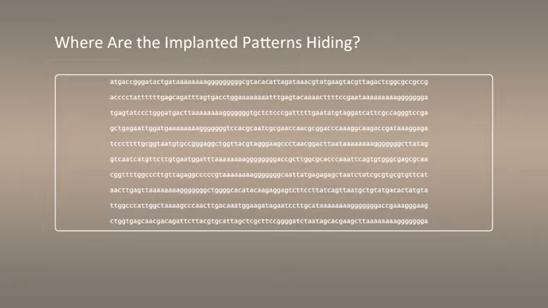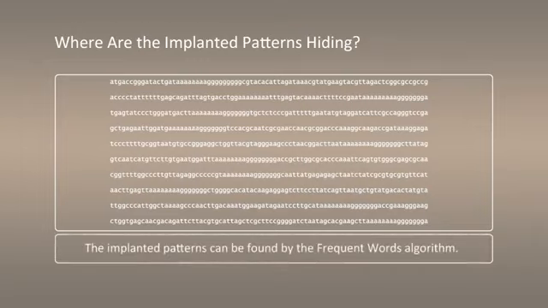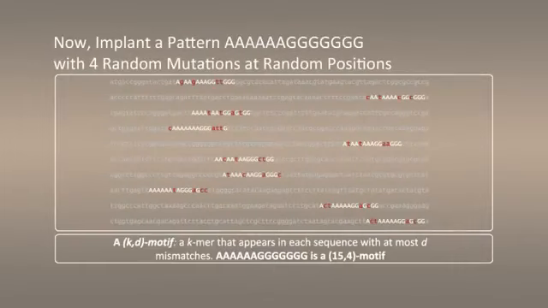Now, let me change the experiment slightly. Instead of implanting the patterns without any changes, I will insert the same 15 nucleotide long pattern with 4 random mutations at random positions.